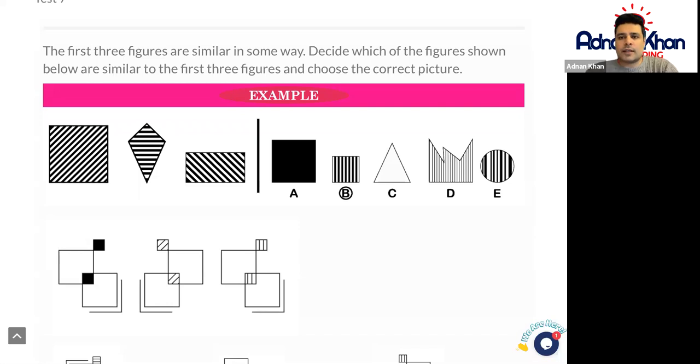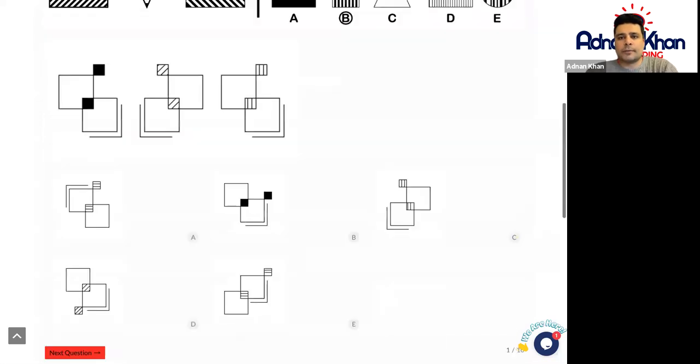Let's have a look at the main question number 1. So we have each figure on the left consists of two large white overlapping squares. So if you look here, these two figures here are very similar because both of them are overlapping.